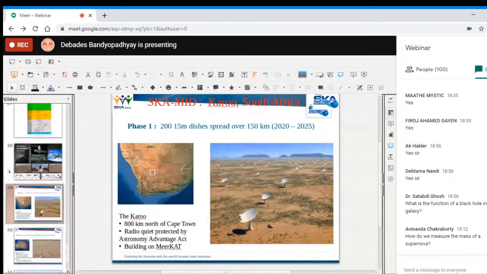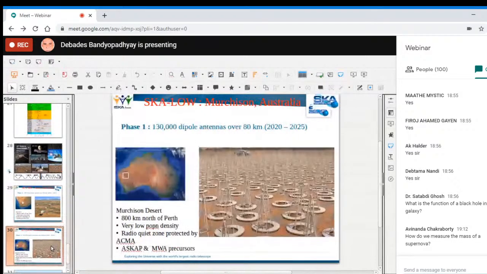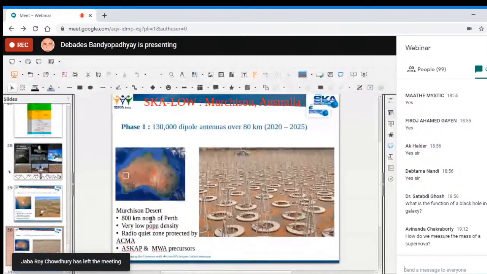And the other location is Australia, 800 kilometers north of Perth. This place is a desert where only 100 people live.